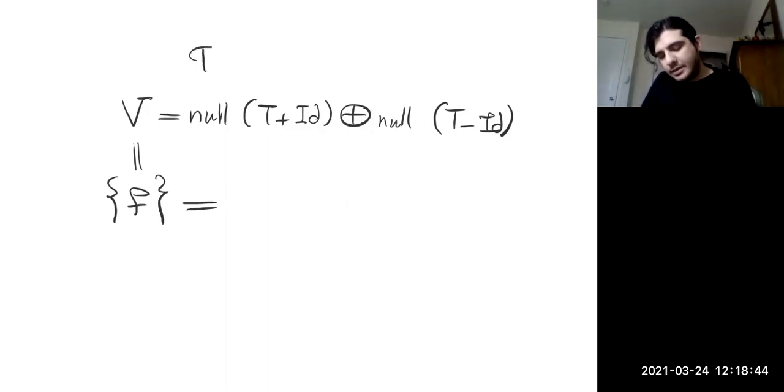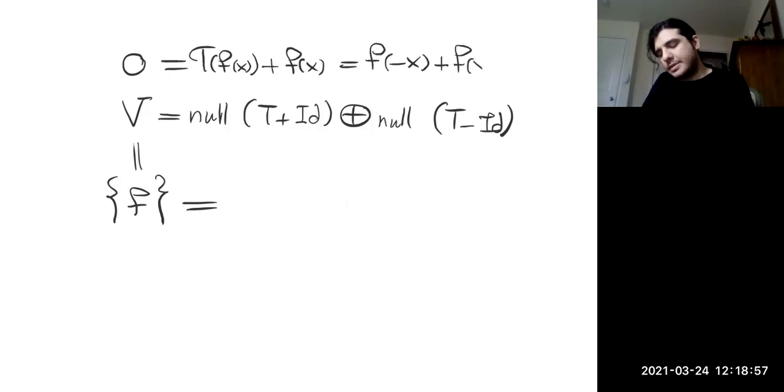It means T of f of x plus identity of f, which is just f of x, is equal to 0. But on the other hand, T of f is f of minus x, plus f of x is equal to 0. That equation tells us f of x is equal to f of minus x.